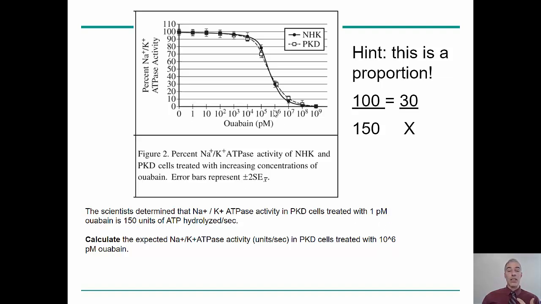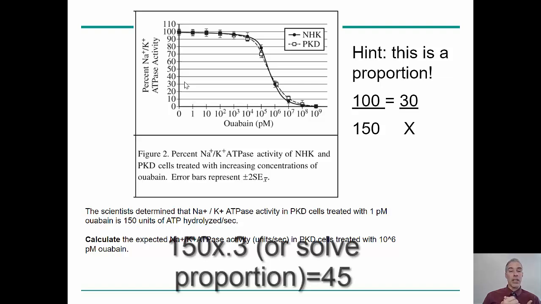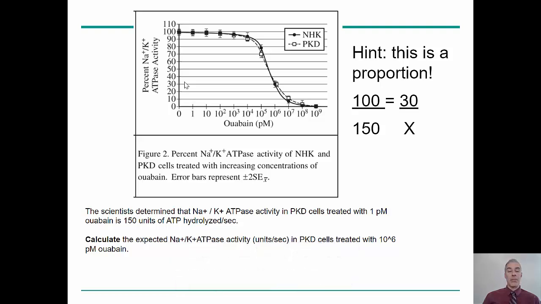So we go to 10 to the 6th, notice it's 30%. It could be a proportion, or you would just say, what's 30% of 150, right? If you do that calculation, 30% of 150 is 45. So 45 units of ATP hydrolyzed per second. That's how you do that one.